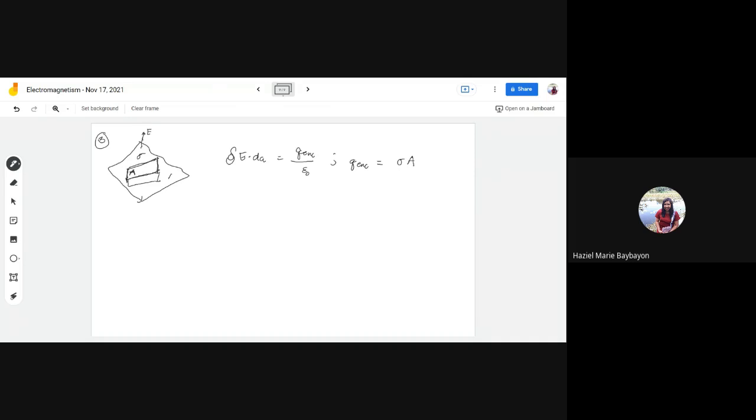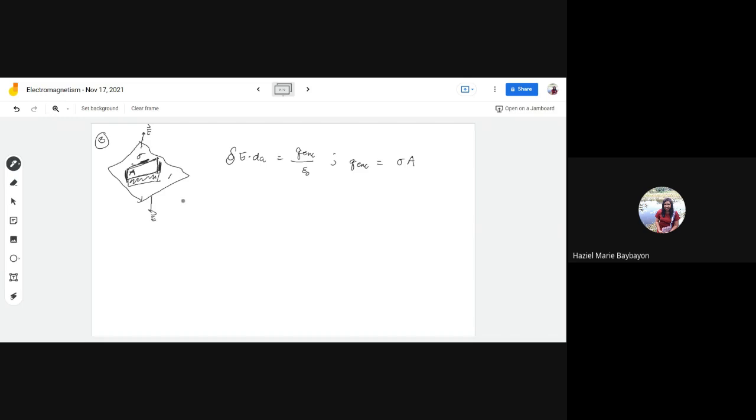So the electric field points up or down. The sides of your pillbox have no flux. Did you get it, class? Yes, ma'am.